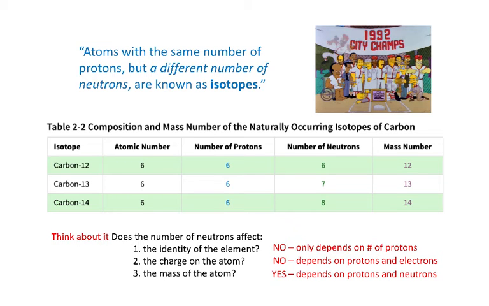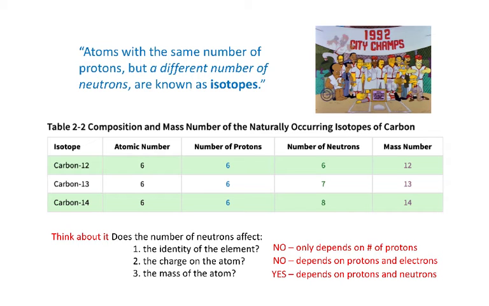Remember, they have very close to the same mass of approximately 1 AMU. So the mass number is the sum of protons and neutrons. So even though the number of protons determines the identity of the element, the number of neutrons can be variable.